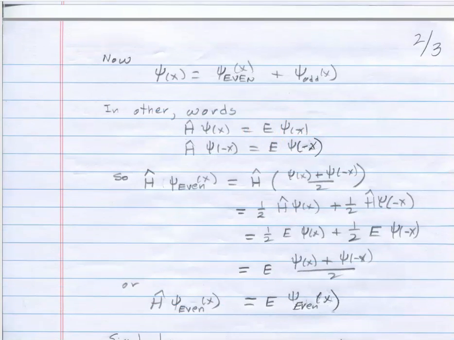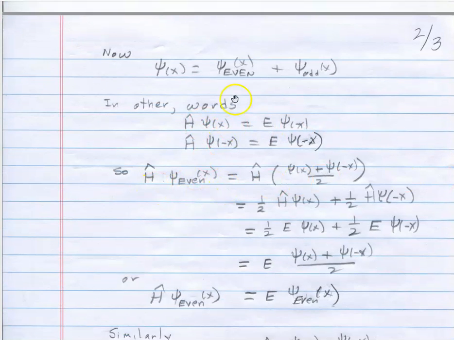And now I can operate on, let's say, the even part with the Hamiltonian operator. That's just the Hamiltonian operating on the even part. Well, the even part is psi of x plus psi of minus x over 2. H is a linear operator, and so it can operate on this sum individually. So it's equivalent to 1/2 times H on psi of x plus 1/2 H operating on psi of minus x.